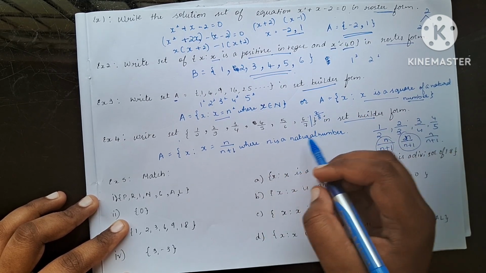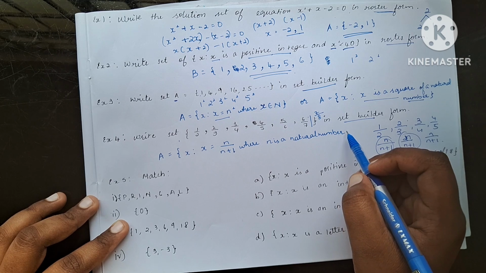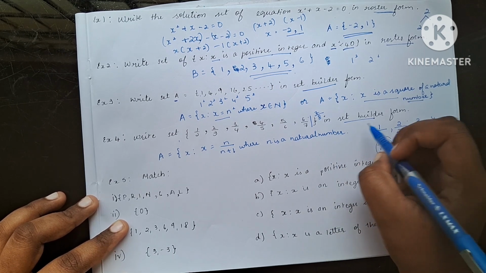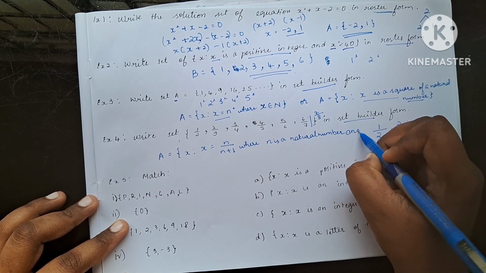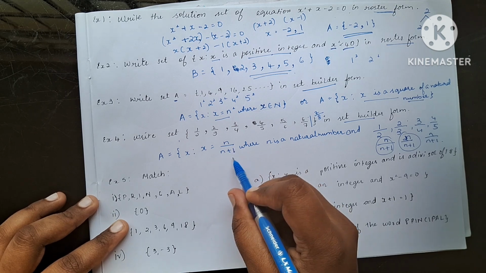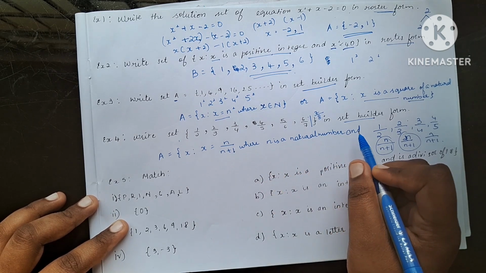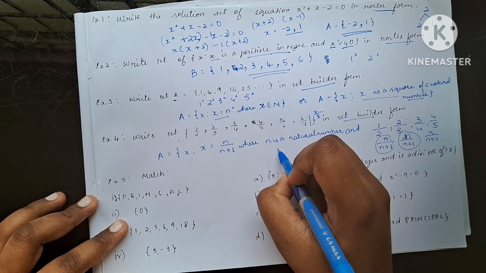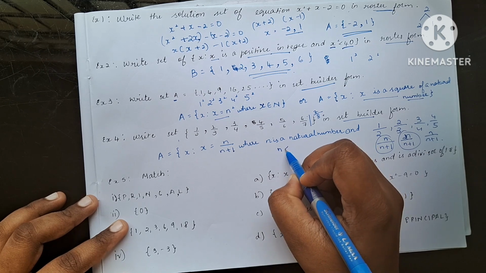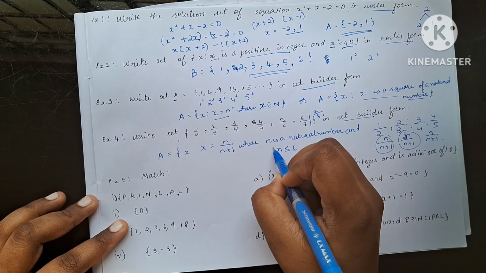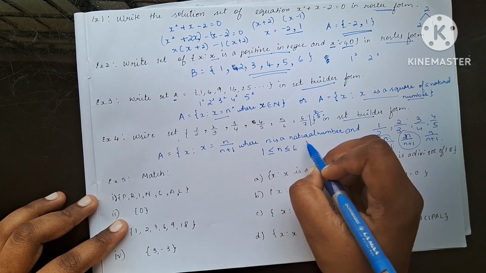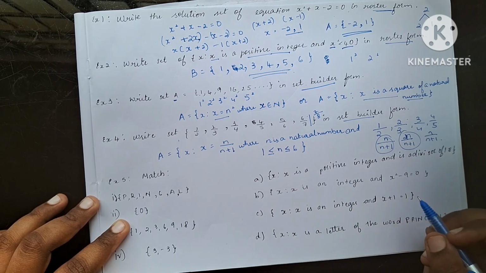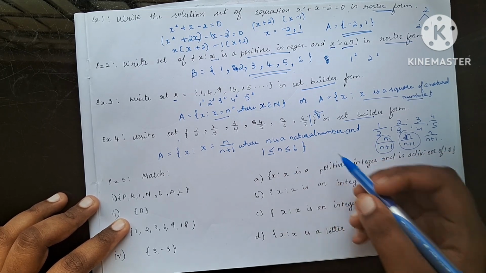So we have to have only natural numbers till 6. You could write x such that x is equal to n by n plus 1, where n is a natural number and n is greater than or equal to 1 and less than or equal to 6. You could just write it as less than 7, but this is also fine.